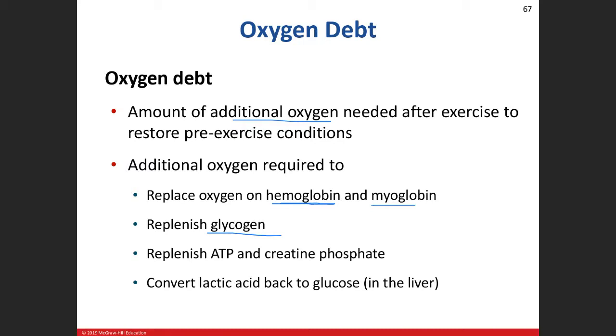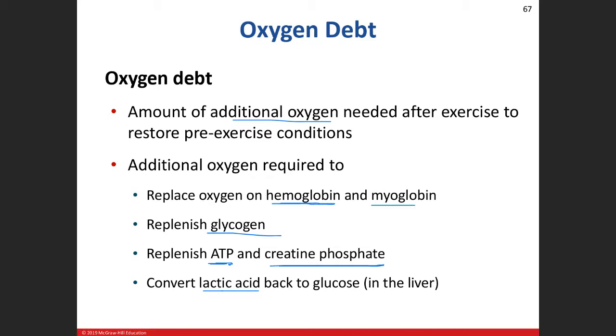Then at the same time, we're going to take all that extra ADP that's floating around in the cytosol and convert it back into ATP. Same with the creatine phosphate. We'll replenish that. Lactic acid is a byproduct that occurs during these metabolic processes.